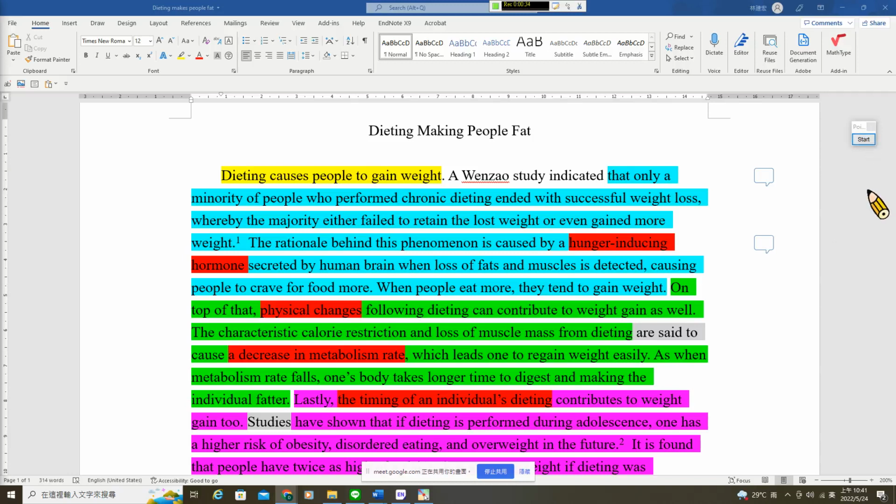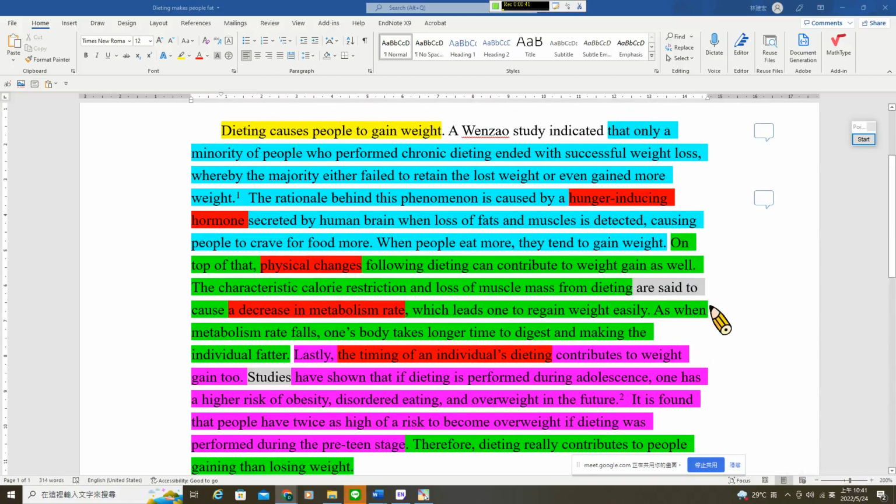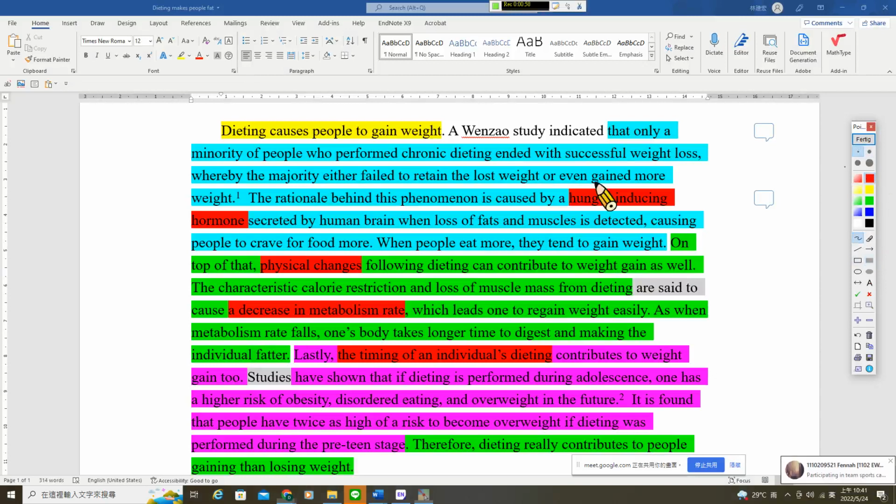So let me talk about this paragraph. I will use this paragraph for you to understand the major components of writing a paragraph. This one is a very typical 11-sentence paragraph. I just wrote it up and it's not making too much sense. But anyway, this is the main idea, and also the topic sentence, right?